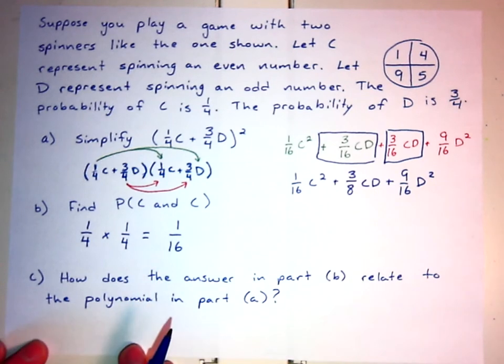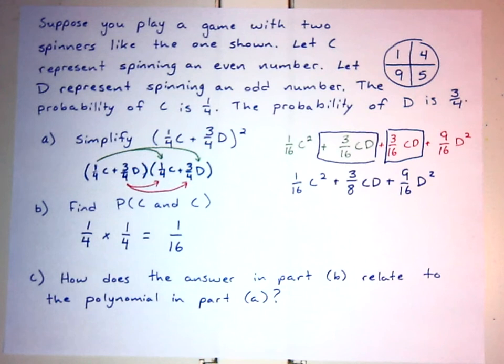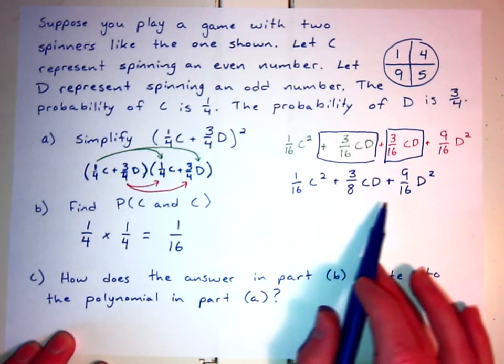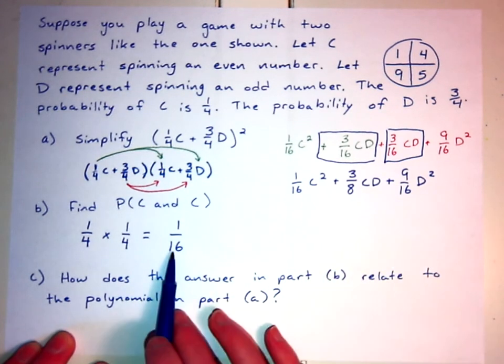Now for part C, it says, how does the answer in part B relate to the polynomial in part A? If you notice up here, here's our final polynomial, here's our answer.